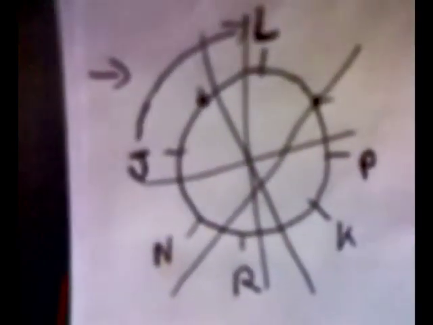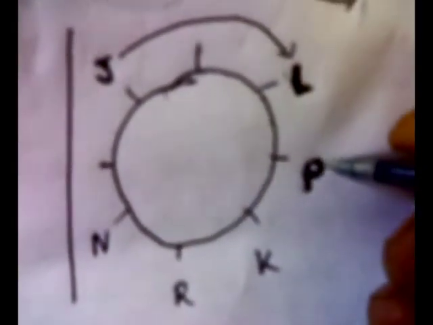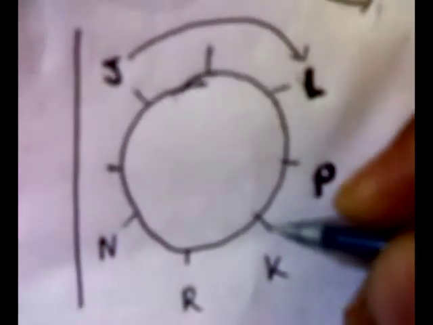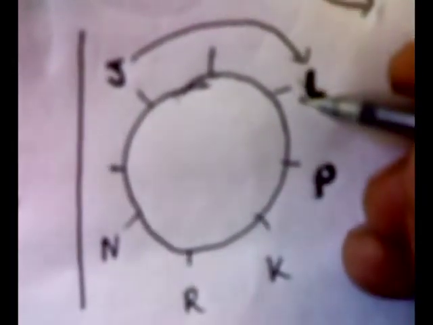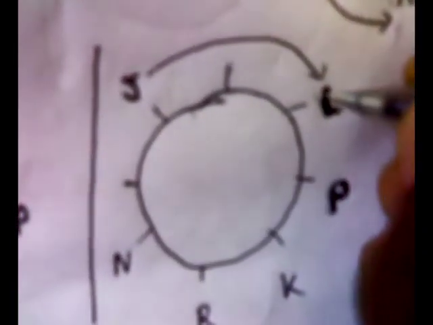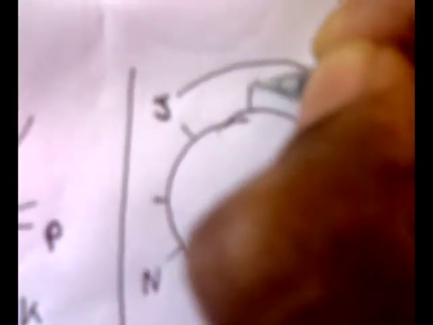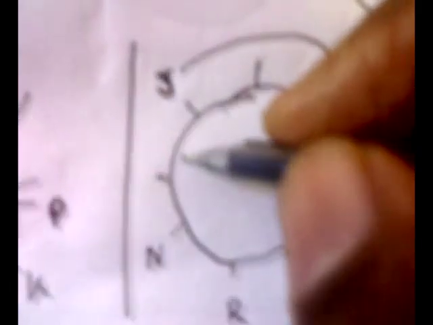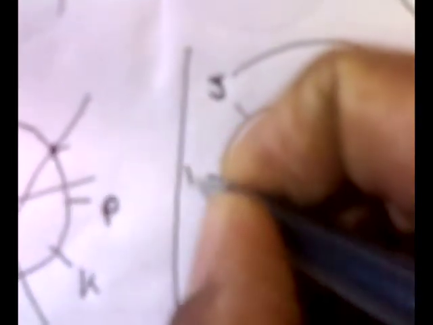Now we will move to our second circle, and it says M is not an immediate neighbor of P. P's neighbors are already filled, and M is not a neighbor of L. L's neighbor is this, so M cannot be here, and the remaining place is here, so M will definitely be here.